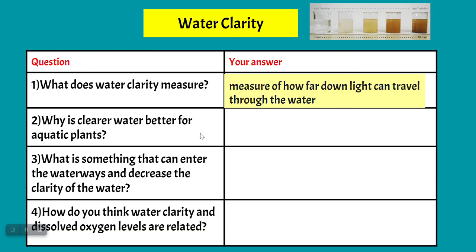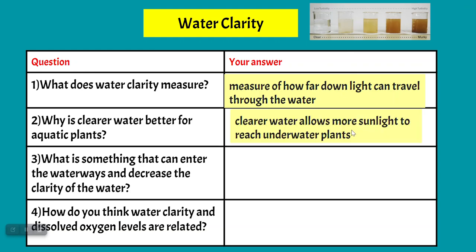Why is clearer water better for aquatic plants? It's because clearer water allows the sunlight to get down there so that they can do their magic photosynthesis, which is not magic, it's science. Then, number 3, what is something that can enter the waterways and decrease the clarity of water?